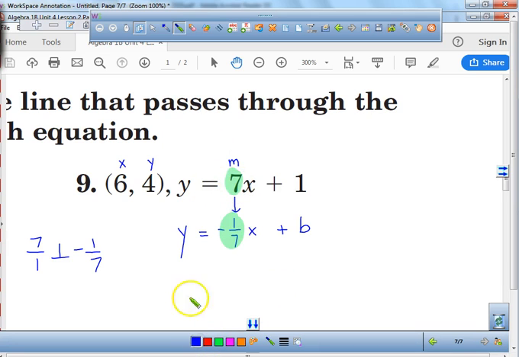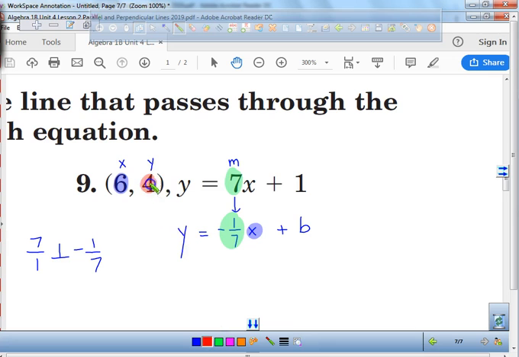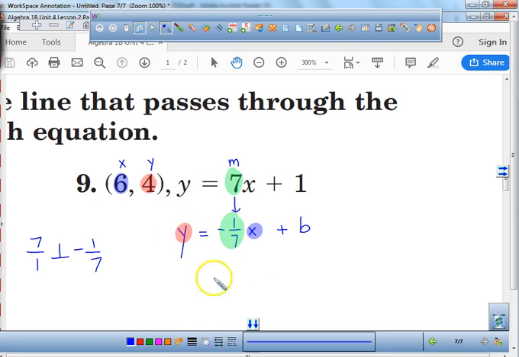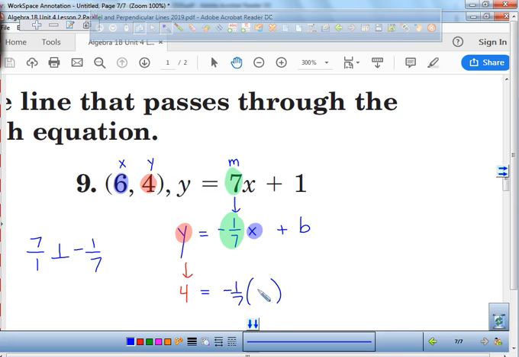Now, the next thing I'm going to do is take the 6 and plug it in right there. I'm going to take the 4 and plug it in right here. So what's my new equation going to be? What number am I plugging in for what? 4 equals negative 1/7, open parentheses, what number here? 6. Plus b.